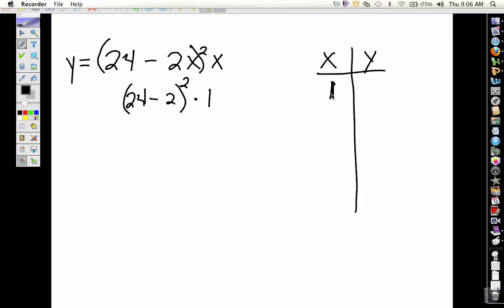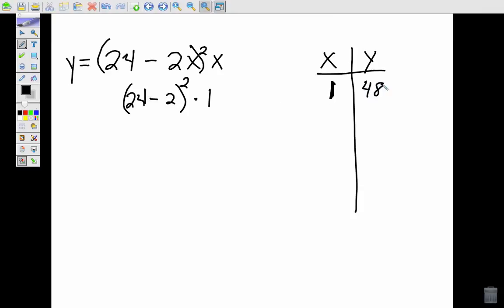When you calculate this, you get 484. Now let's say it's 2. You do 24 minus 2 times 2, which is 4, squared times 2. You calculate this, and you get 800.